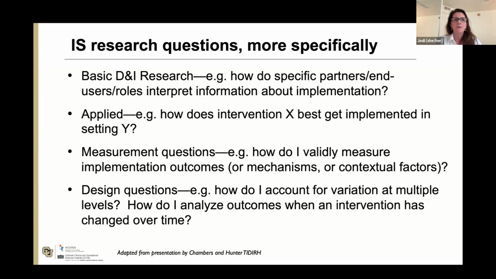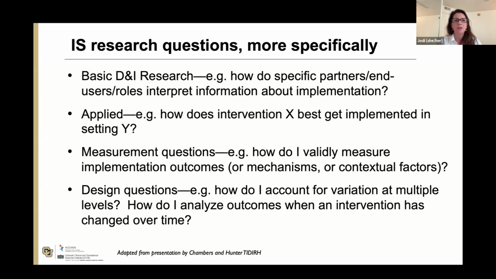But for implementation research, more specifically, there's a few extra questions we want to ask. If you're doing some basic D&I research, you might ask a question about how do specific partners or end users interpret information about implementation? If you're trying to do something applied, how does this intervention best get implemented in setting Y? You may have some measurement questions.